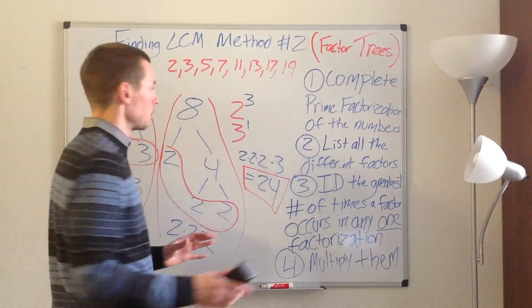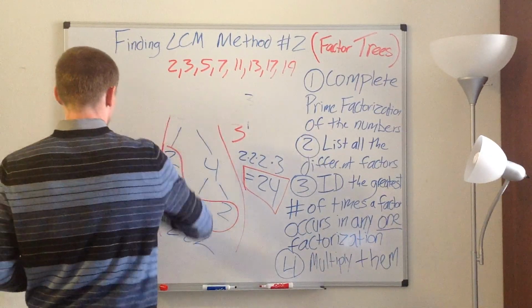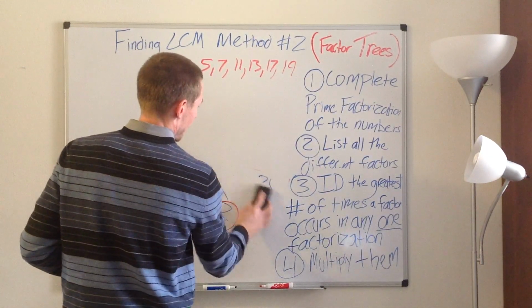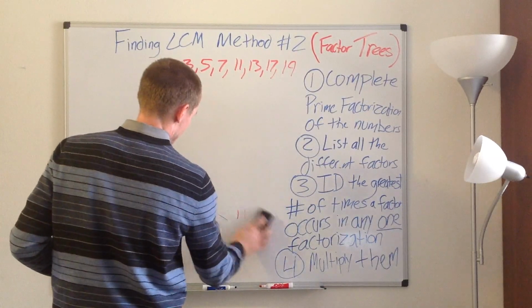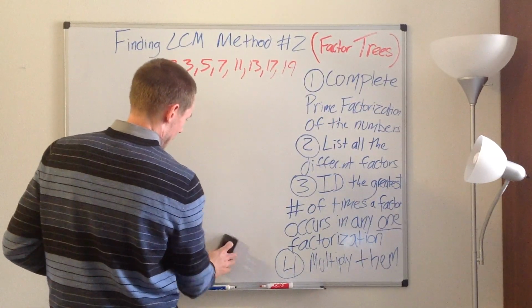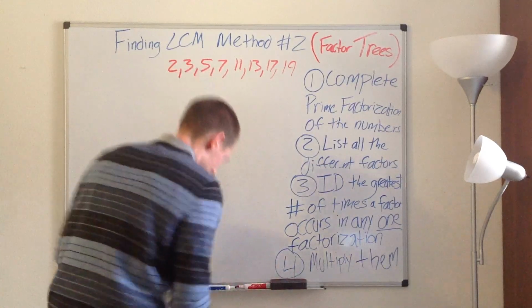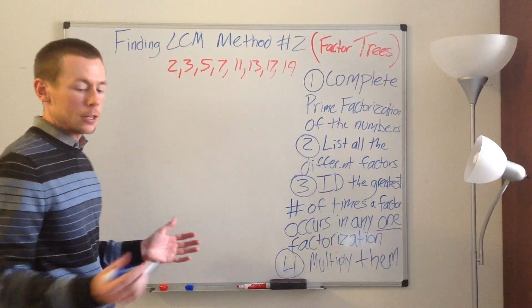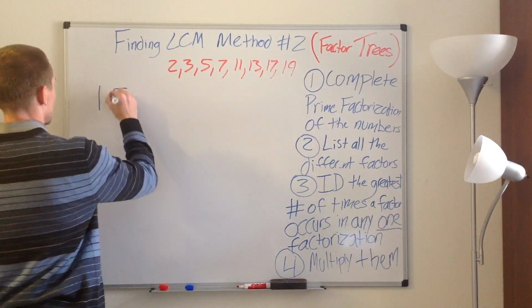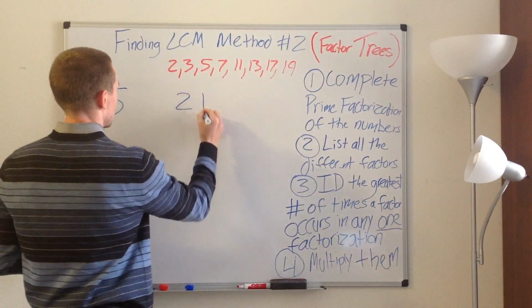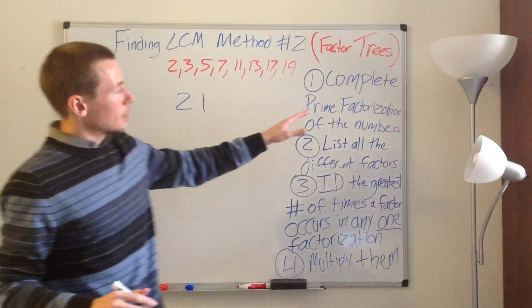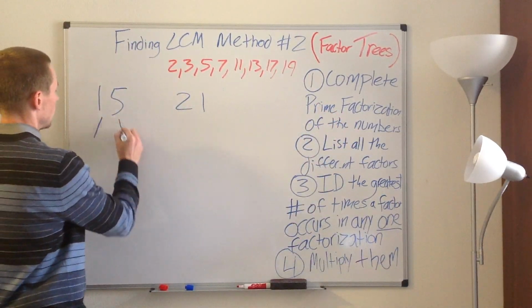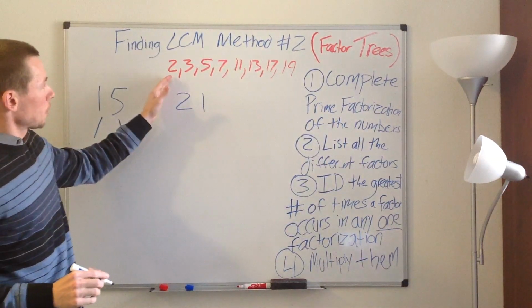Show you another example. Let's look now at 15 and 21. Alright, so step 1 is complete the prime factorization of both numbers. So start with the first prime, 2.